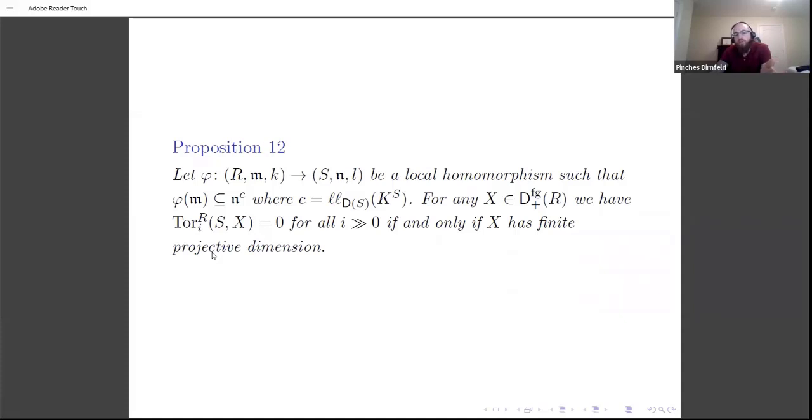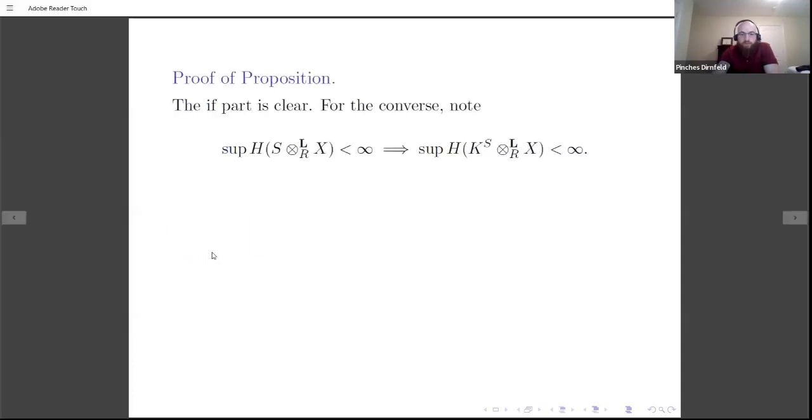So this R action on this particular homomorphism factors through the residue field of R, and that's why I'm looking at these high enough endomorphisms. So how is this proof going to go?